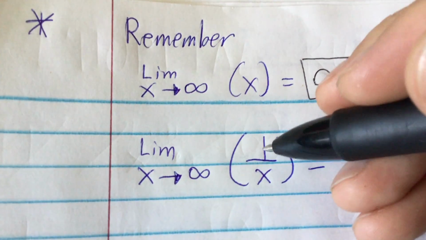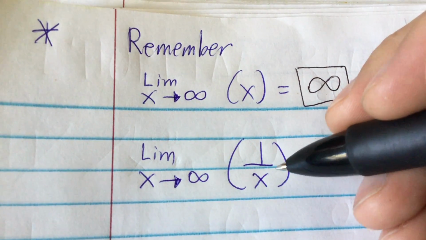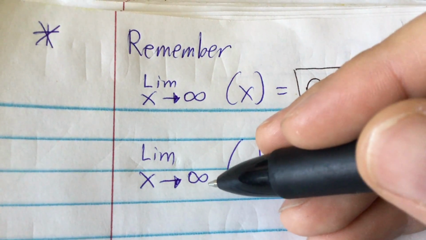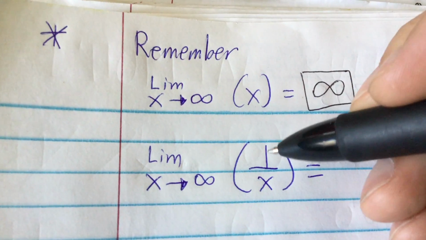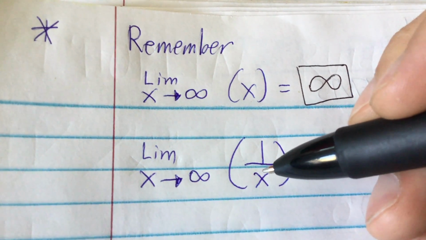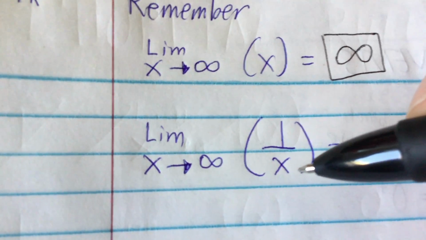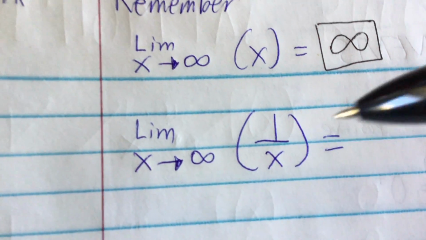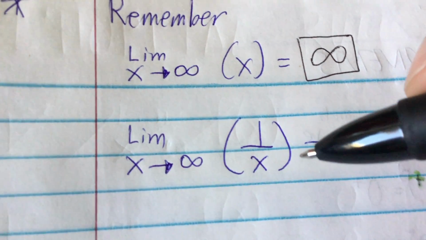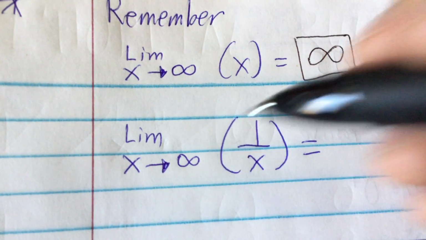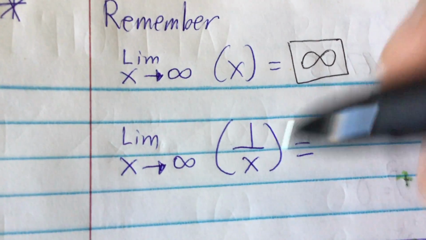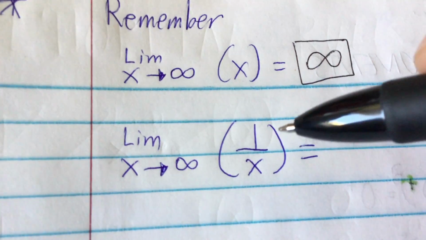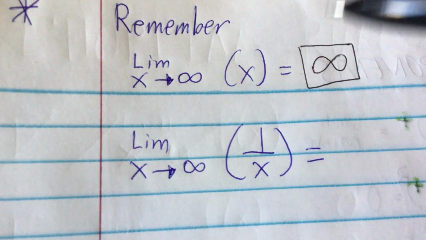But on the contrary, if I have 1 over x, in other words, I'm going to plug in numbers as x gets closer and closer to the biggest number humanly possible. So I've got 1 over 1, 1 over 2 is 1/2. 1 over 3, I plug in x equals 3, I get 1/3. Plug in x equals 4, I get 1/4. x equals 10, 1/10. x equals 100, 1 over 100, and so on and so forth.